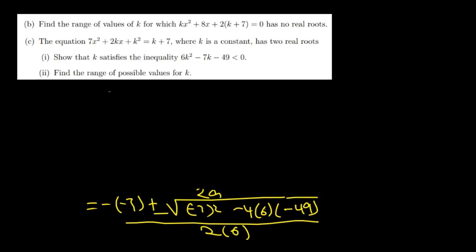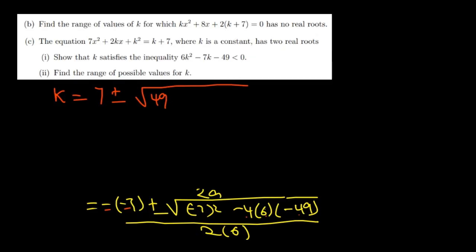Alright, so what do I get from there? Let's clean the above part. So k is equal to minus 7 multiplied by minus 7, which gives me 7, plus or minus. Then under the root we have minus 7 squared, which is just 49, and then minus 4 multiplied by 6 multiplied by minus 49.